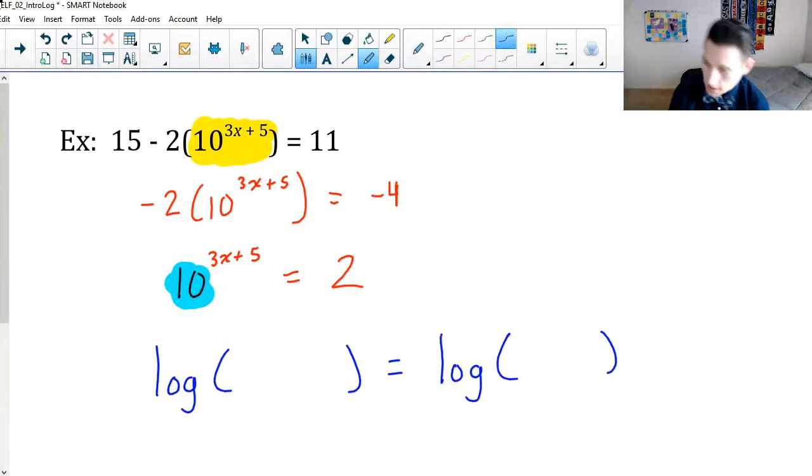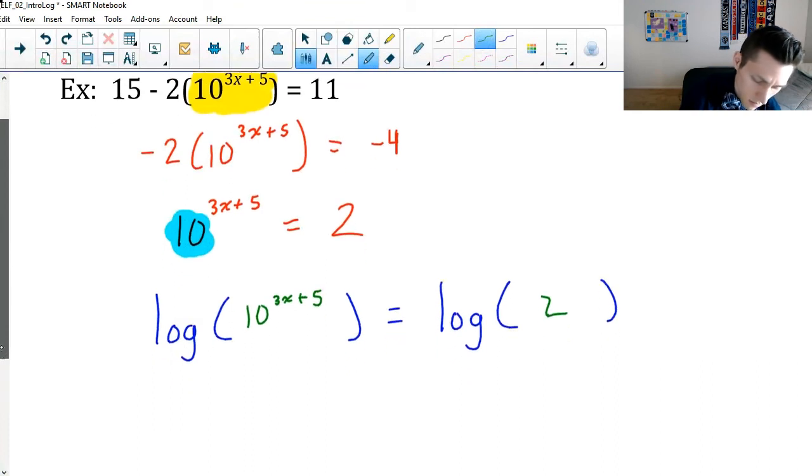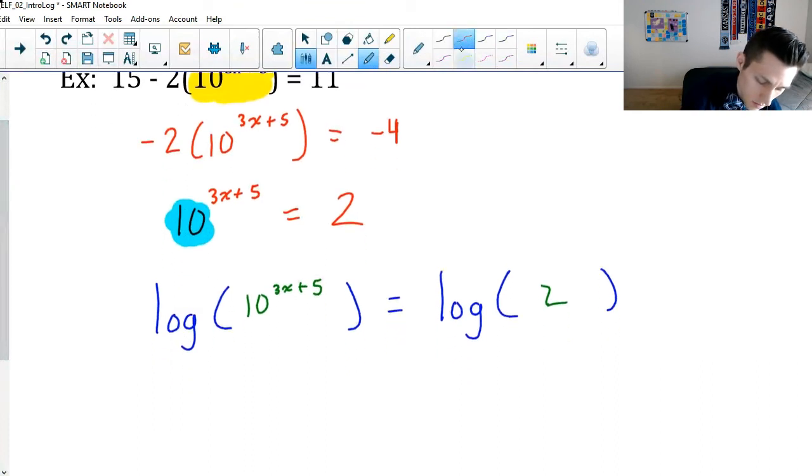Again, the correct notation is to just write it without the 10. And whatever was originally there just stays on the inside of the logarithm for both sides. Common log and exponential base 10 cancel each other.